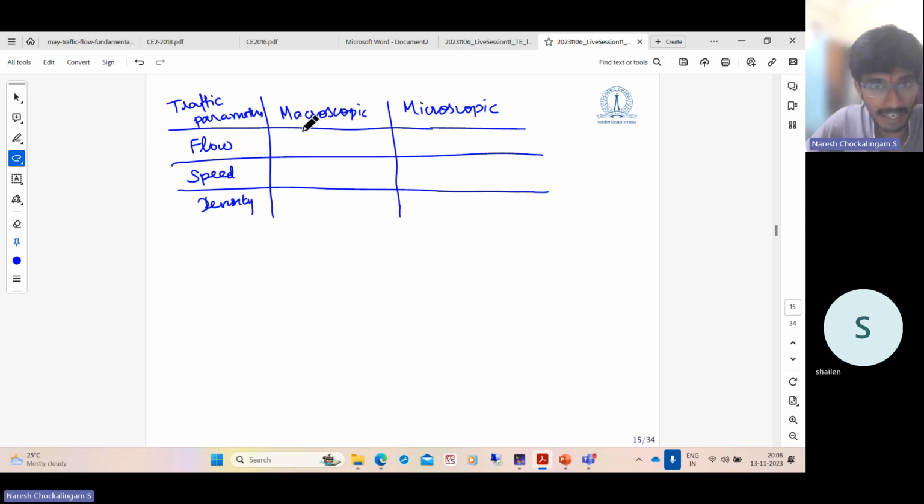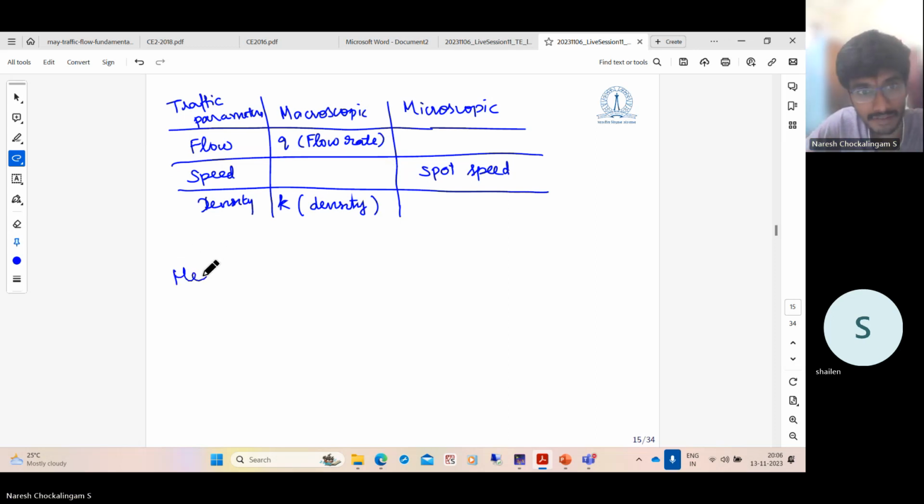Macroscopic, as we already defined, one is the flow rate Q, which is called the flow rate or the volume of vehicles. And the other is speed. Spot speed is a microscopic characteristic. Density is again macroscopic, because you're looking at multiple vehicles at a time. Now, these are also related to certain other characteristics called headways.